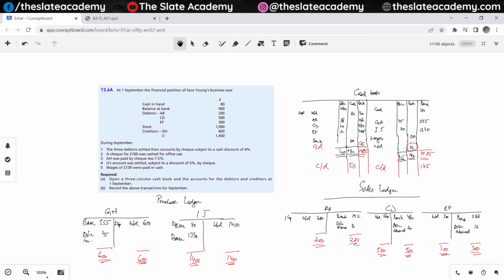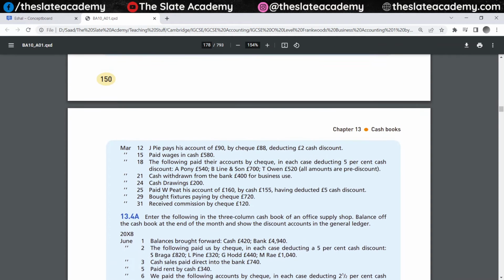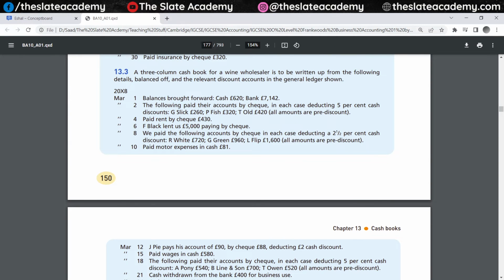All right, now let's do a slightly more interesting one. Do they have trade discount in this one? There is cash discount. I want to do the one in which they have both trade and cash discount.